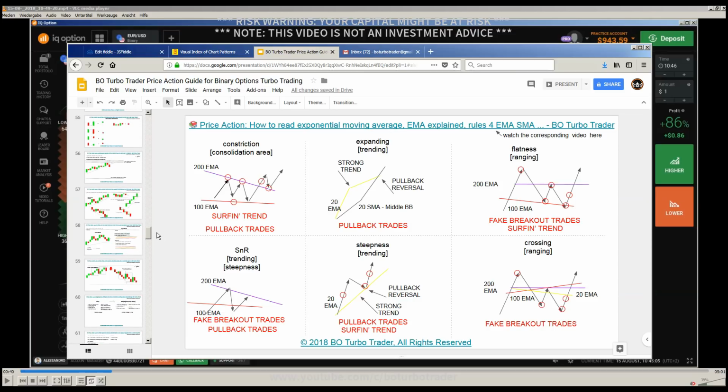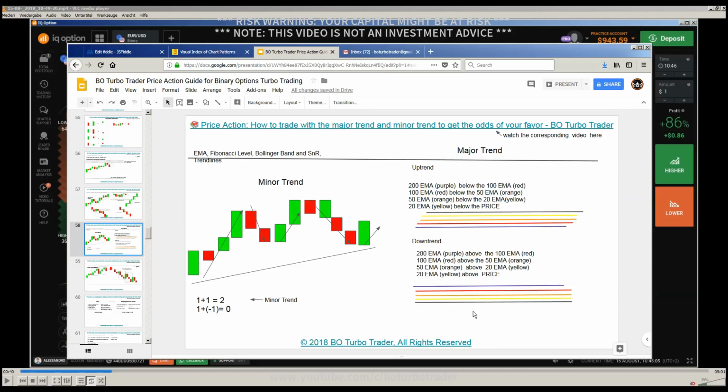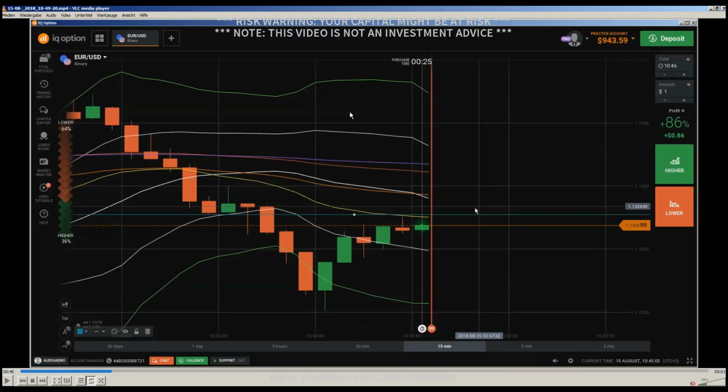On this page here, this one, I have explained what the specific alignment of the EMAs is telling. You see if you have these colors, in this kind of price, 200 above the 100, the 100 above the 50 above the 20, then the 20 is above the price, then you have a downtrend. And you see here 200, 100, 50, 20, price is below the 20, so we have a minor downtrend in a ranging market.